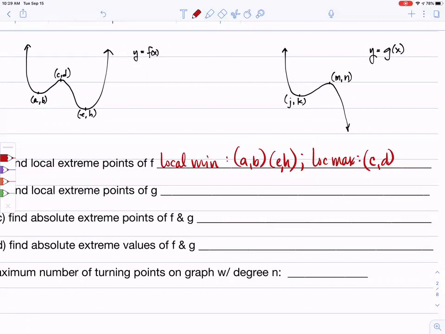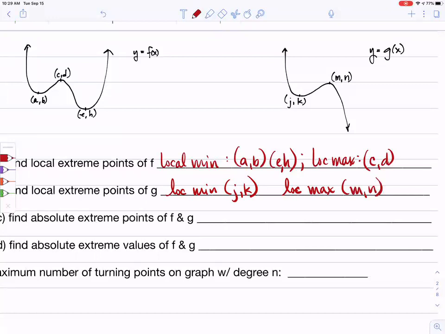J and K and M and N. Okay, now Brianna, can you be a little bit more specific? What kind of an extreme is JK? Is it a local min or a local max? Min. Yep. So a local min at JK, and then a local max at MN.